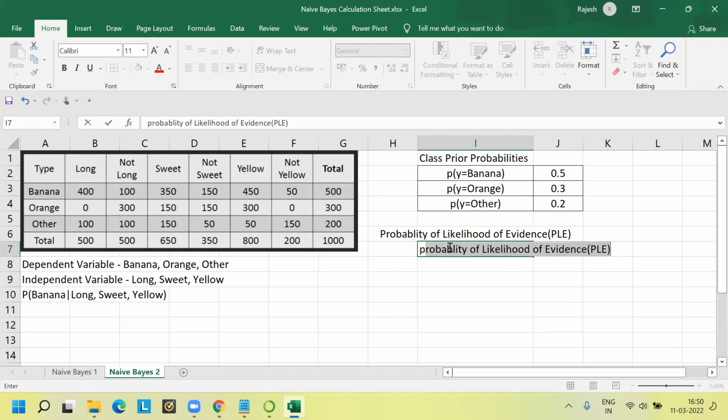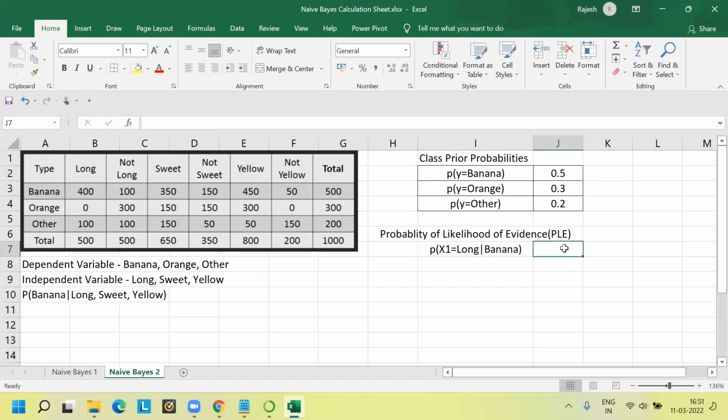Numerator: probability of x1 equal to long given it is banana.